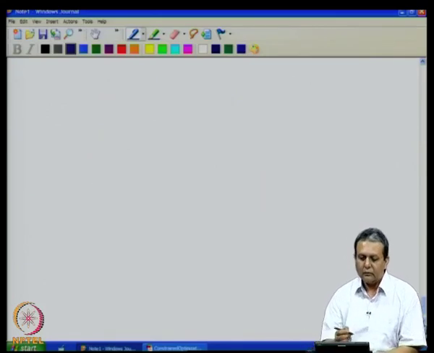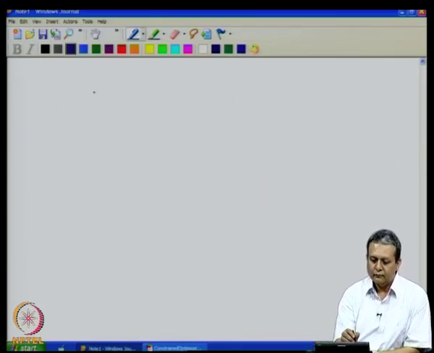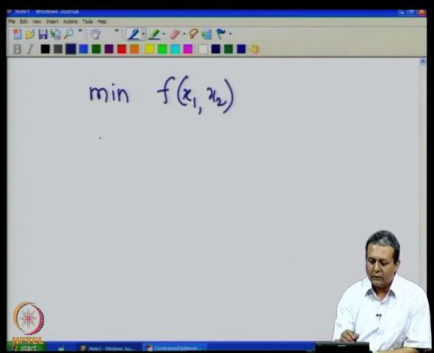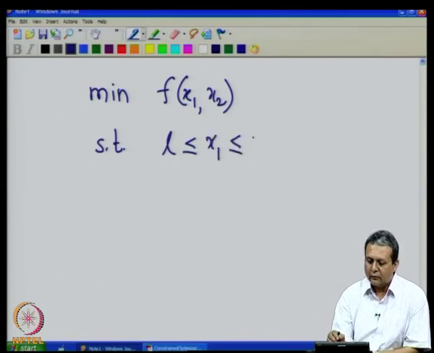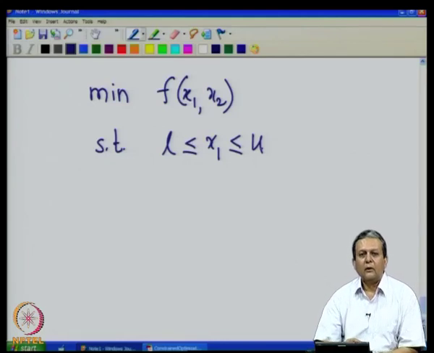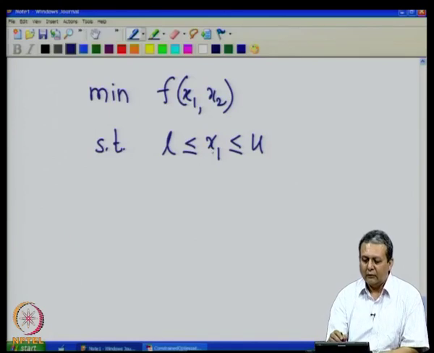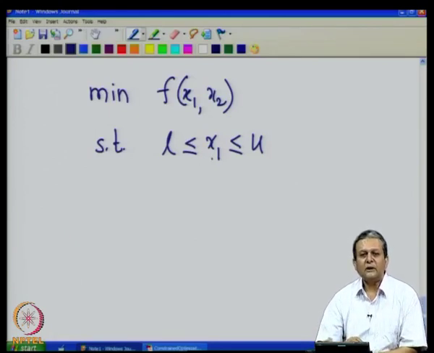Now, one can also have a problem of the type, say, minimize f of x1, x2 subject to the constraint that l is less than or equal to x1 less than or equal to u. Now, such problems also can be converted by defining a new variable. See, for example, one can use some functions which vary over a certain range.